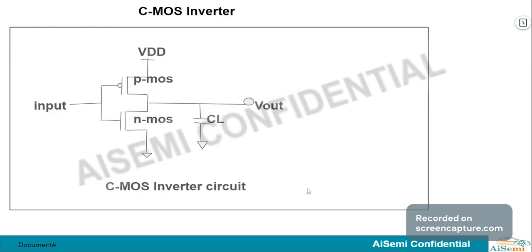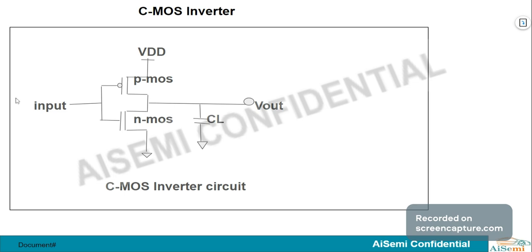And the working of the CMOS inverter. When a low input voltage is given to the CMOS inverter, the PMOS transistor is switched on and the NMOS transistor is switched off, generating a high logic output voltage.